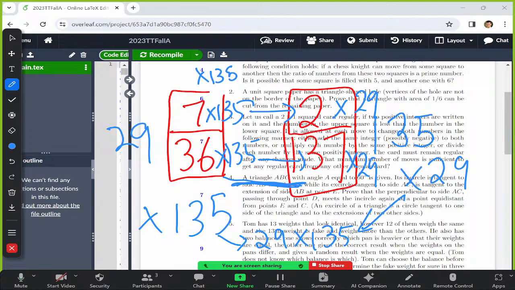Does it work in every single possibility? Yeah, I think it does, because you can always times by the other difference, and then the difference will be just the product of the differences.